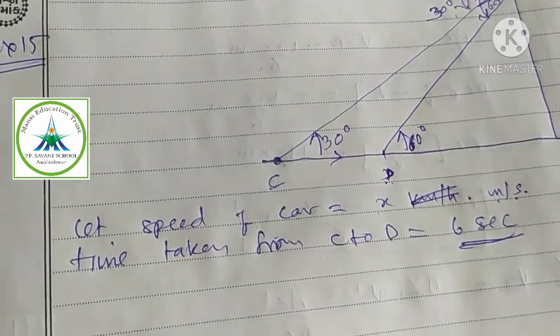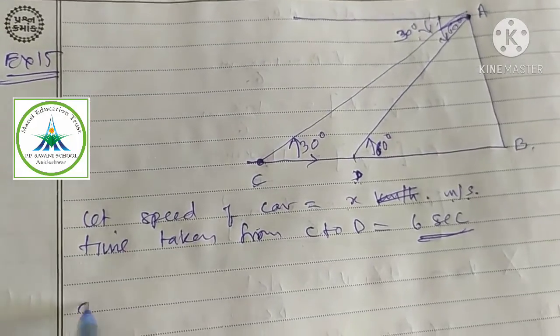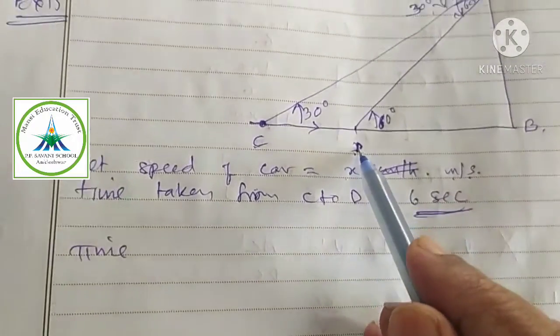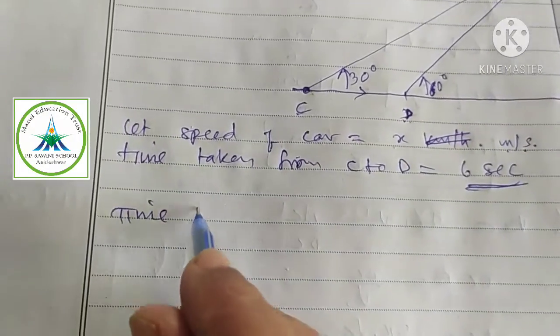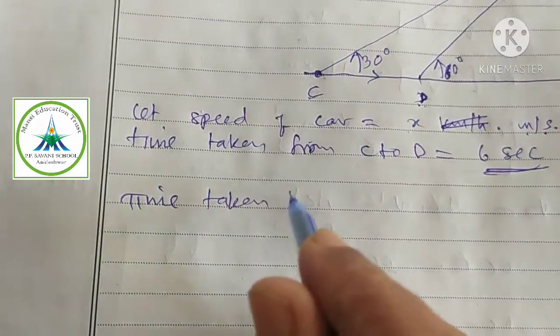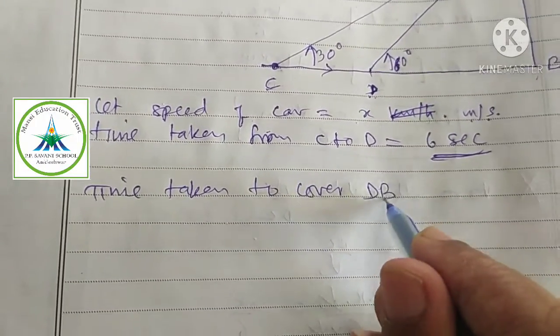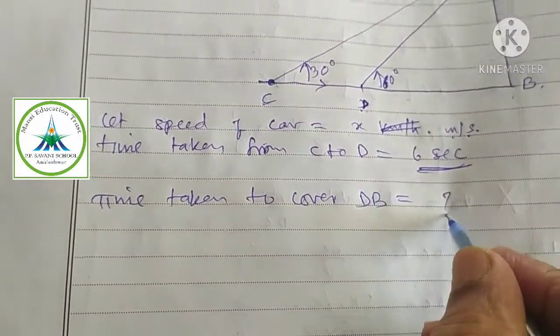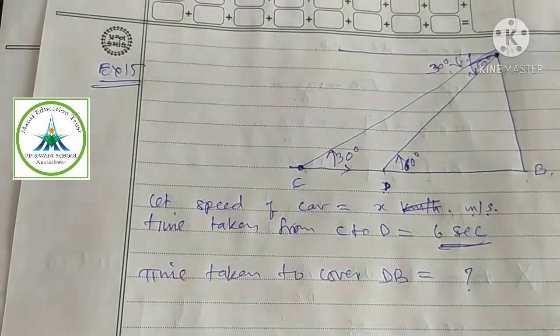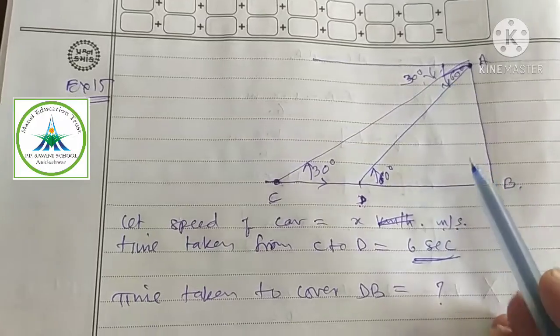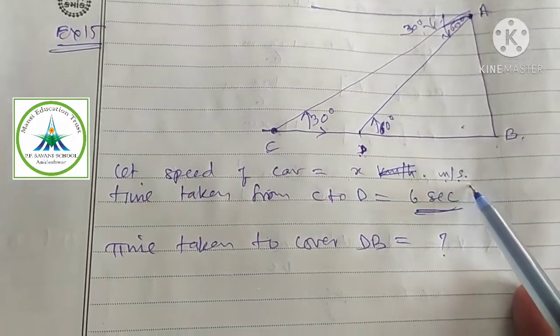So they are asking us to find the time taken from point D to B. Time taken to cover DB equals question mark. Okay, are you understanding students? In examples, first of all, important are the diagram and assumptions.